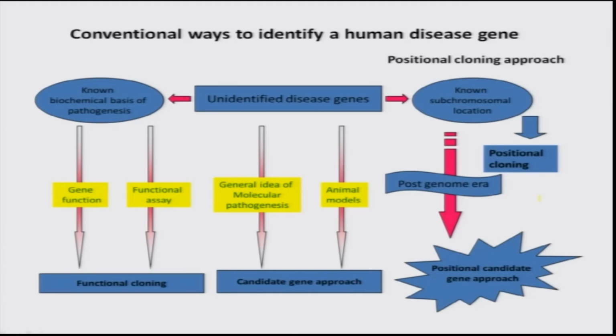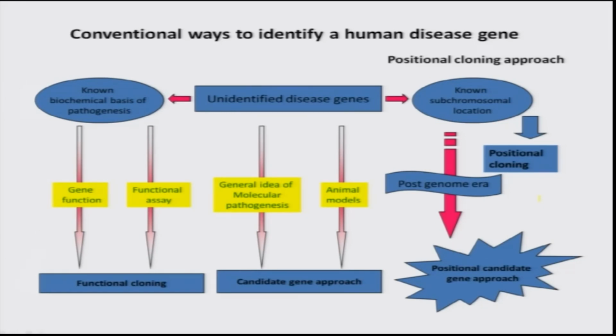So, what is the approach that was very successfully used to identify a majority of the genes that cause monogenic disorders? The approach that people used very successfully, thousands of genes have been identified in the last 2 decades, is called the positional cloning approach, meaning you look at a region of a chromosome that is associated with the disease without really bothering about what is the gene, what is the function, what is the pathophysiology.